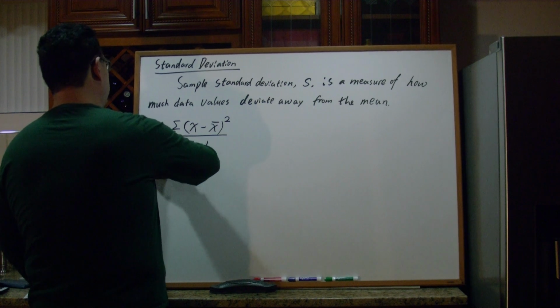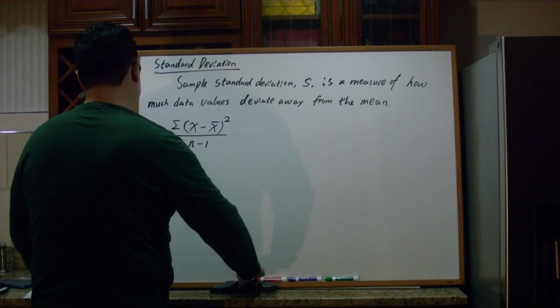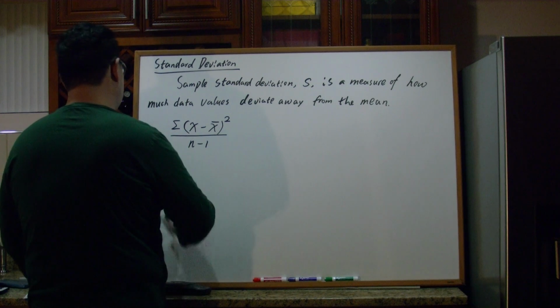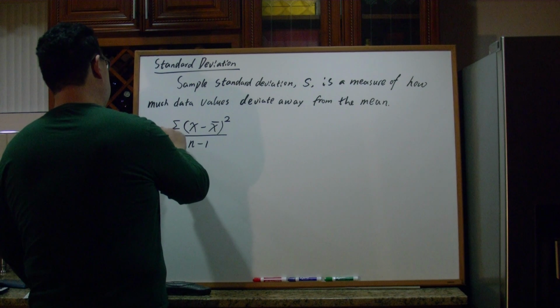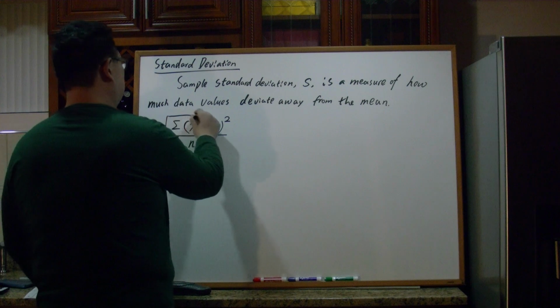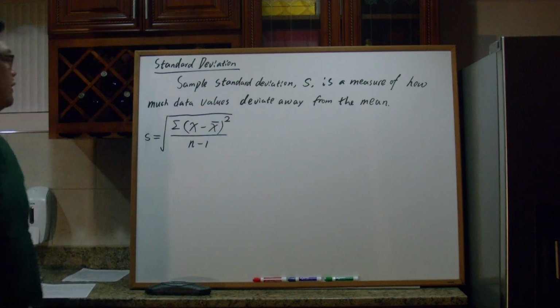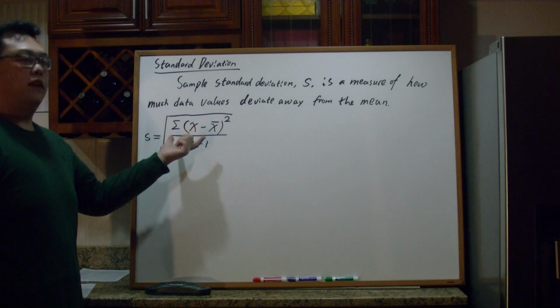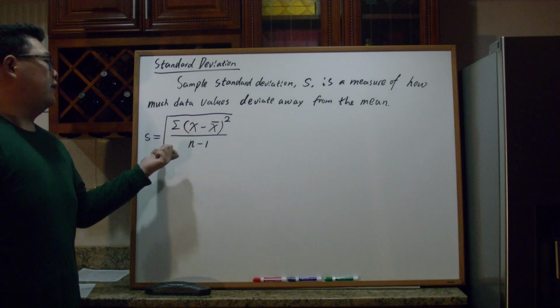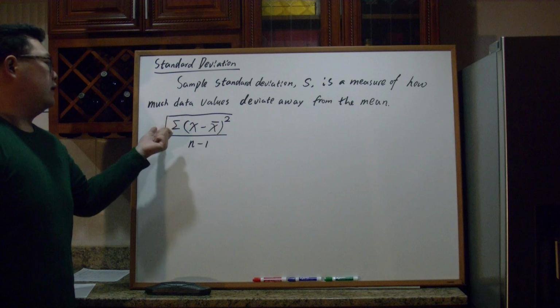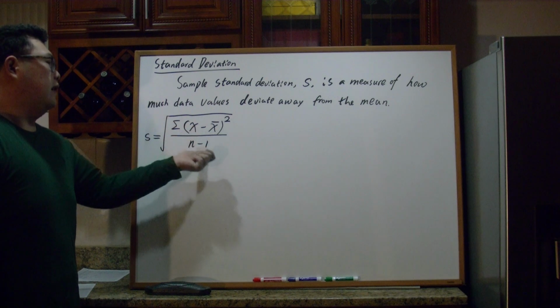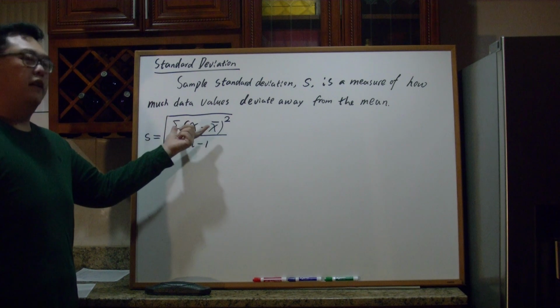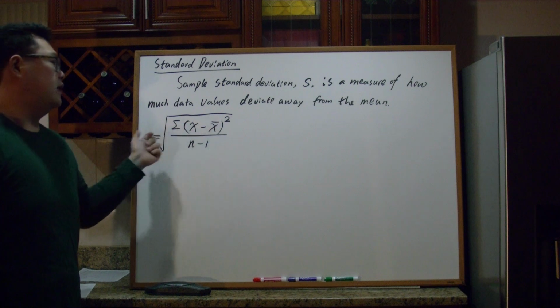We get the sample standard deviation s equals that, but it is under a square root since we squared the differences. We sum everything and divide by n minus 1, so we get positive numbers.